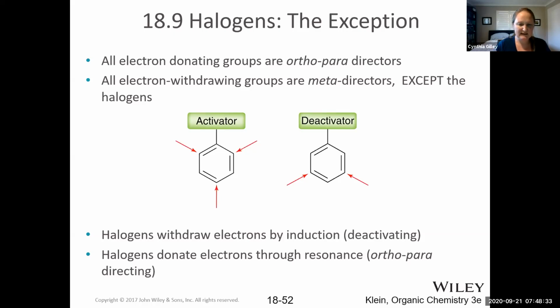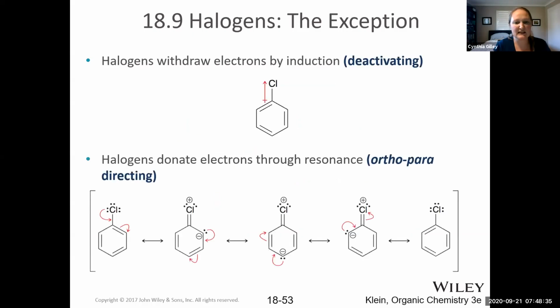The reason for that is because of the special properties of the halogen. We know it is electronegative and it's pulling electron density out of the ring through induction. You can also think of the lone pair on the chlorine as possibly donating some electron density into the ring, similar to how an oxygen or a nitrogen atom with a lone pair would donate electron density into the ring. The problem is chlorine will use its 3p orbital to overlap with carbon's 2p orbital.